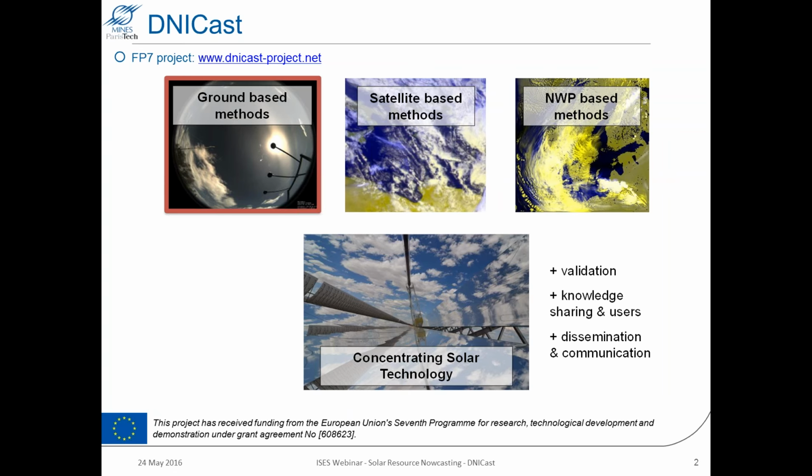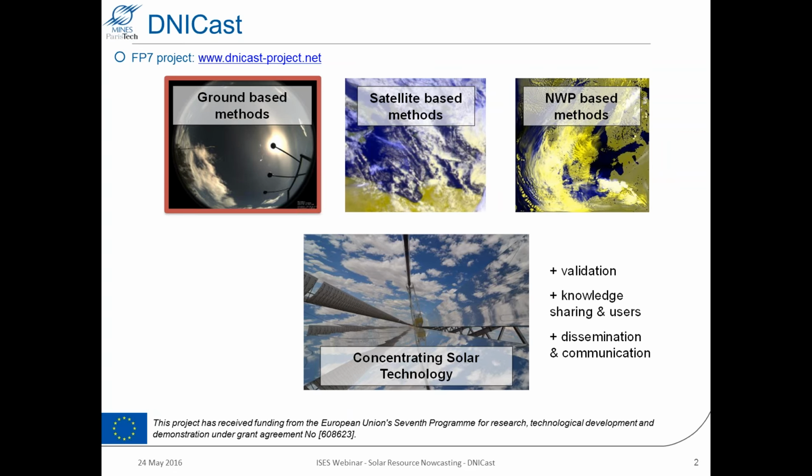The main objective of this project is to establish a portfolio of innovative nowcasting methods for DNI, using different sources of information, going from ground-based methods, satellite-based methods, and numerical weather prediction-based methods. The aim is also to combine these methods considering the different time horizons, to validate them, and to assess the influence and the improvement of this DNI nowcast on the nowcasting of the power plants.